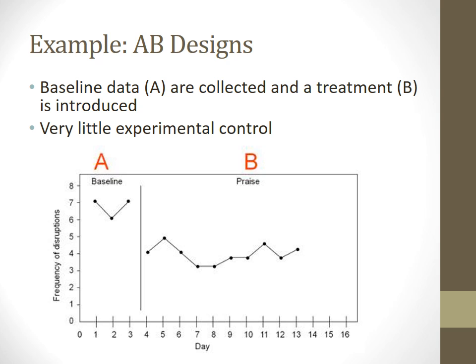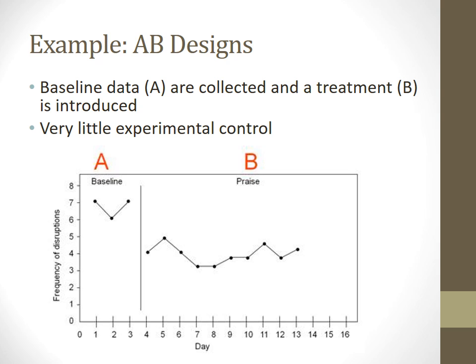On this graph, on the x-axis, we see that the measure of time is days, and on the y-axis is the frequency of disruptions. So we're plotting frequency of disruptions, and that is our dependent variable. So maybe these researchers are conducting an experiment to see if their treatment for a child with autism results in less disruptive behavior in the classroom.